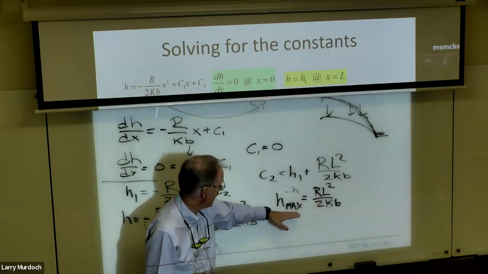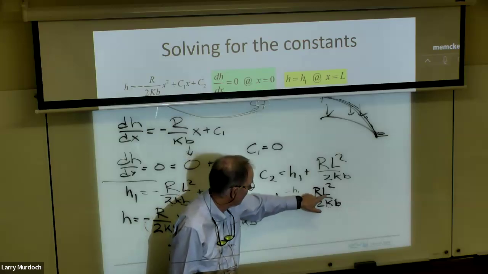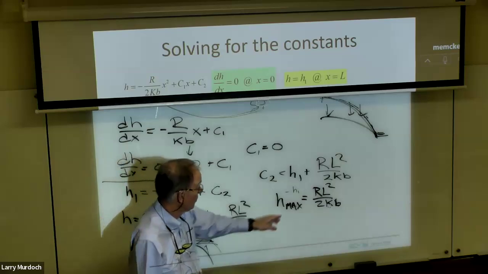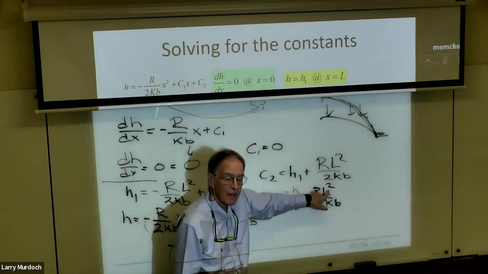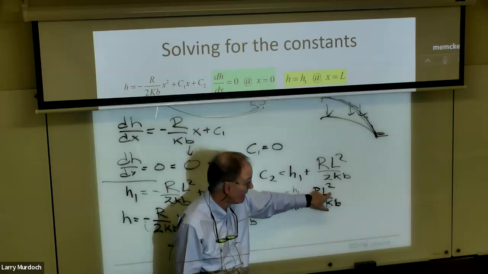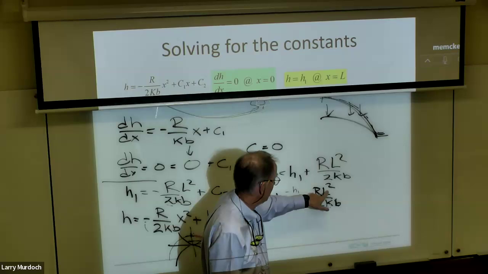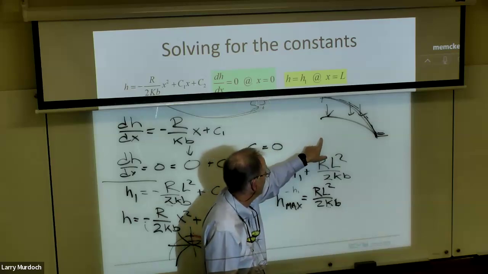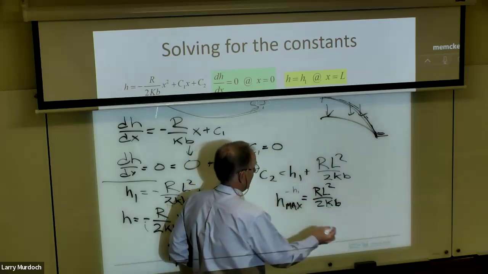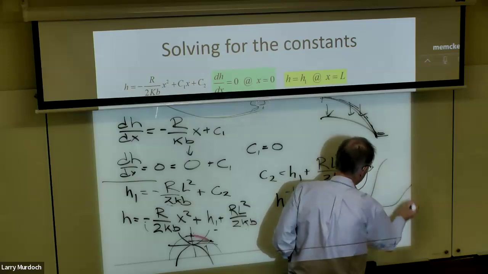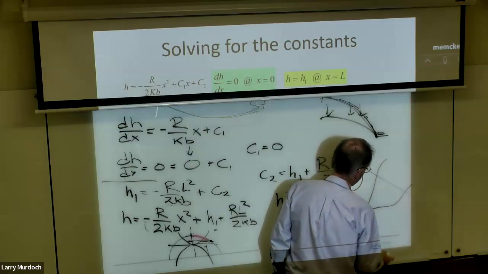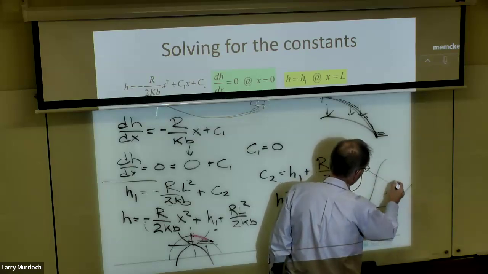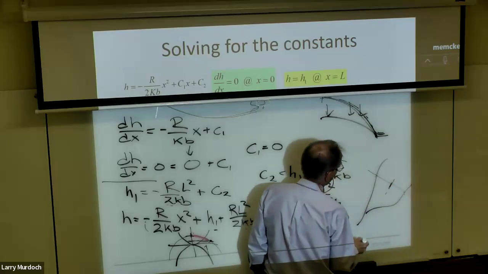We also see that the maximum head depends on this L squared. So it has a strong dependence on this, and this is something that's easy to measure too. This is the distance from the stream to the divide. So if we have a watershed like this, and do a cross section, and if these streams are at roughly the same elevation and everything is uniform, the divide will be roughly in between.